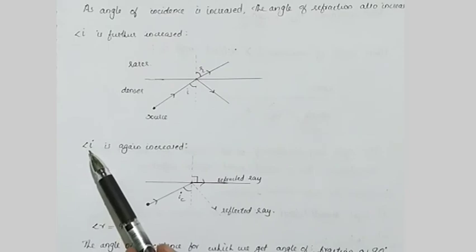On increasing the angle of incidence again and again, for a particular value of the angle of incidence, we obtain a refracted ray that is grazing through the interface.